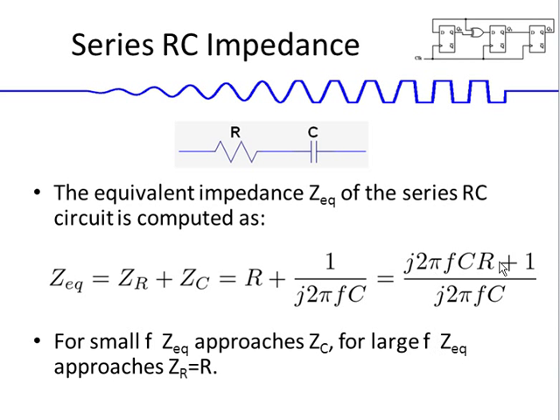For large f, the 1 drops out, and we can cancel the f and the C, and the j2π, and we are left with R. So for large f, Z_EQ approaches R. It acts like a resistor for large frequencies, because then the capacitor acts like a short circuit. For low frequencies, the capacitor acts more like an open circuit, and so the capacitor becomes the dominant element.